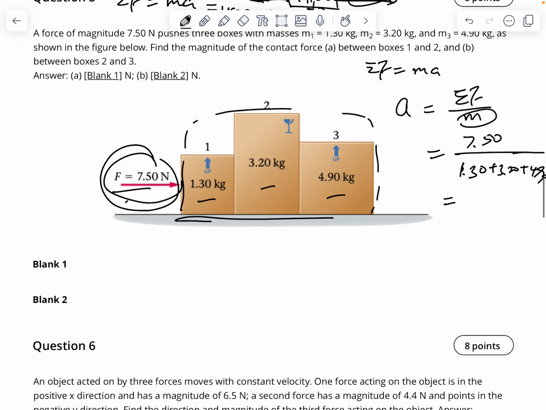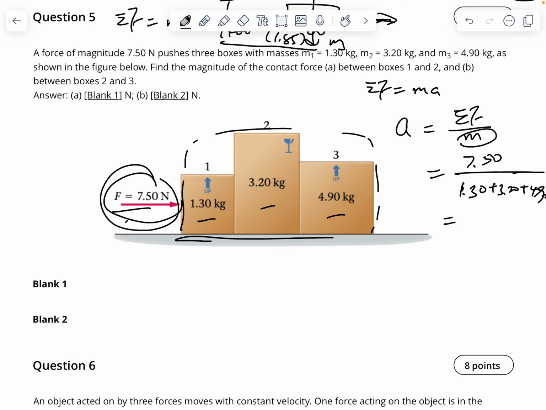All right, next step. It asks what the contact force between 1 and 2 is. Here we take 1 out of the environment. This is 1.3 kg. We do a free body diagram on it. This is the 7.50 Newton force, and 1 is in contact with 2.